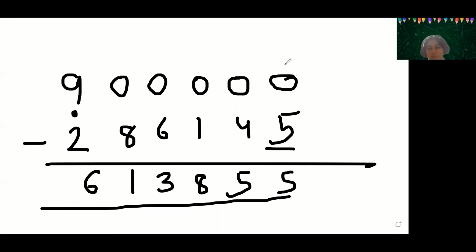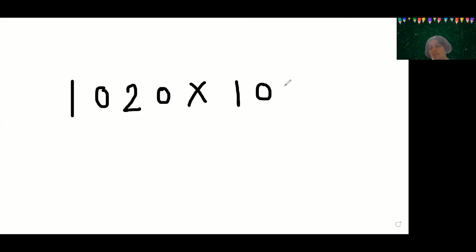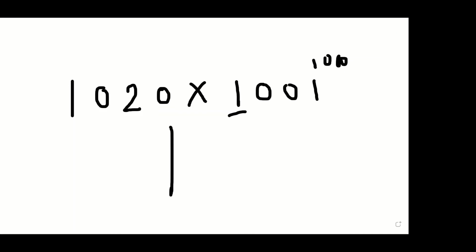Now let us do the next one. The recap of the repeating numbers multiplication. 1020 multiplied by 1001. In this, first find the place value of the second number. So it is 1000. Now we have to write the 1020 as many times as 1 is written. So 1 is written how many times? 2 times. Write the 1020 2 times.